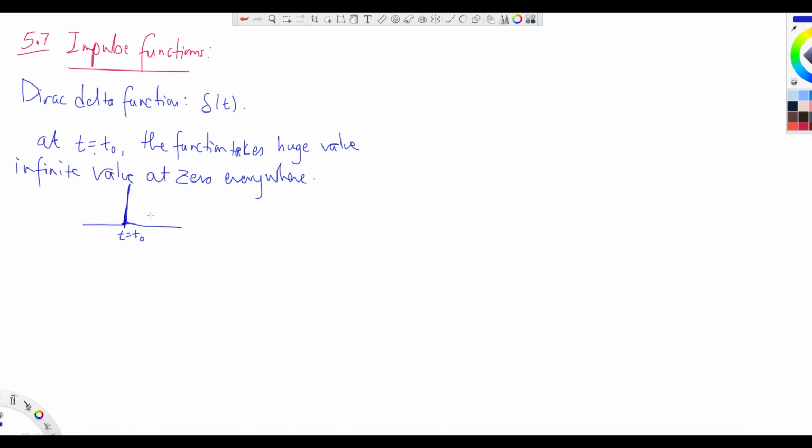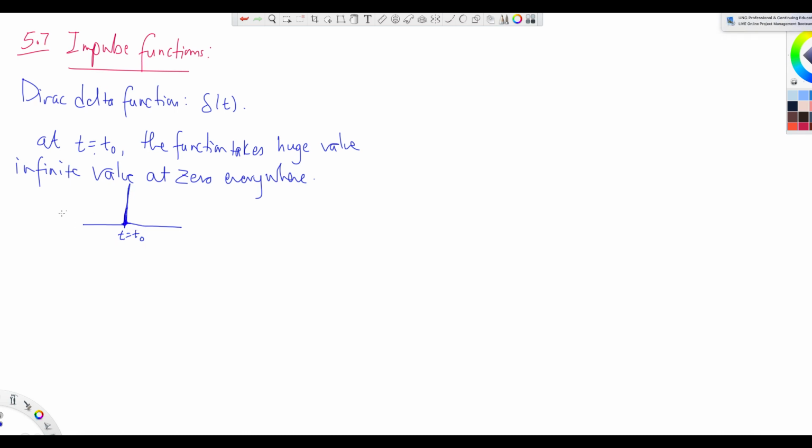But the extra thing we want for the Dirac delta function is that the integral over any interval that includes t0 is 1. That's what we want.